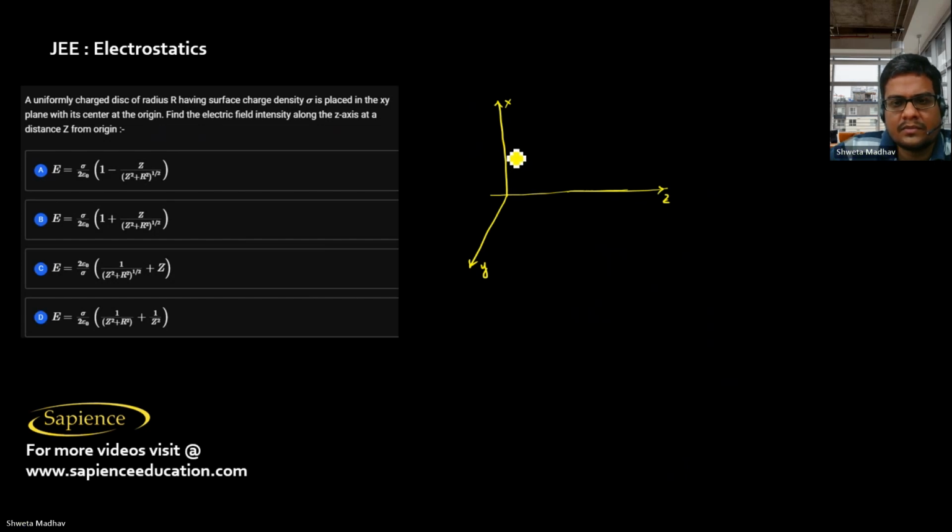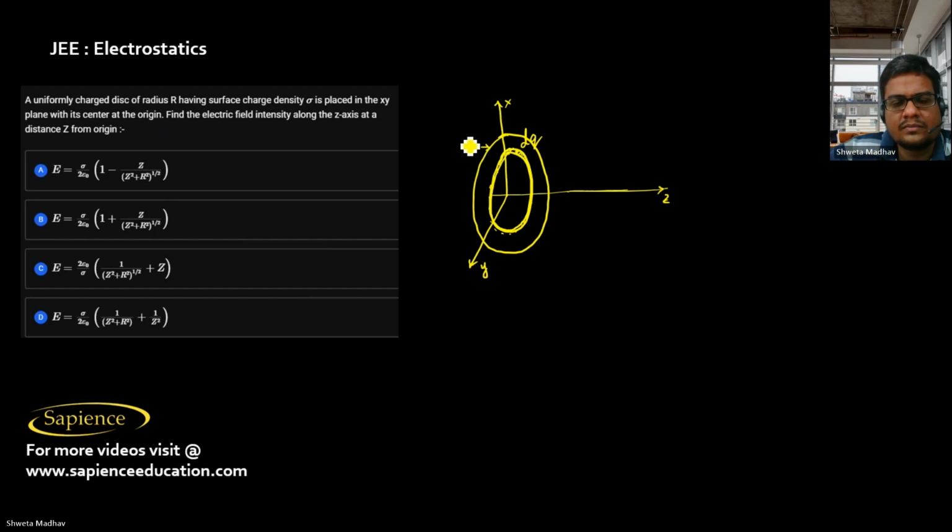So now if we consider the disk like this, then we can consider one small ring. We can take it as an element. It is having charge dq.